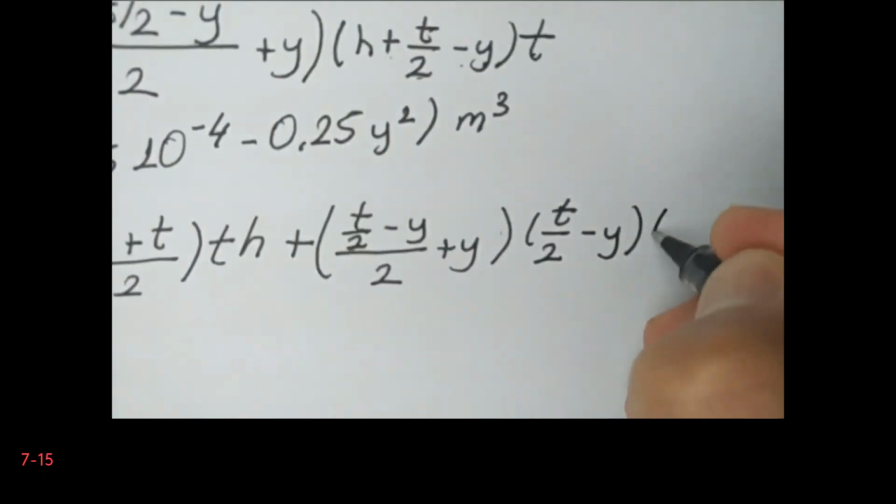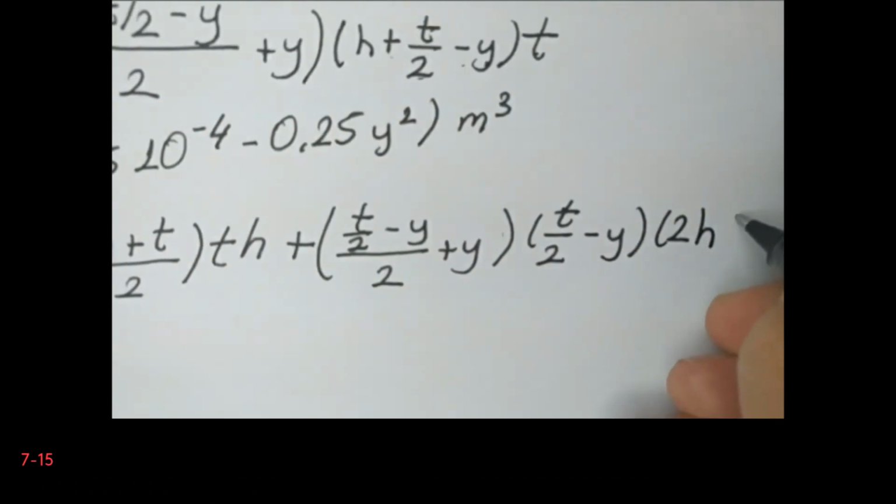So basically 1h here, 1h here, 1h here, and plus t.